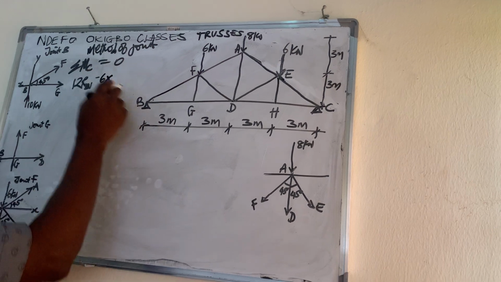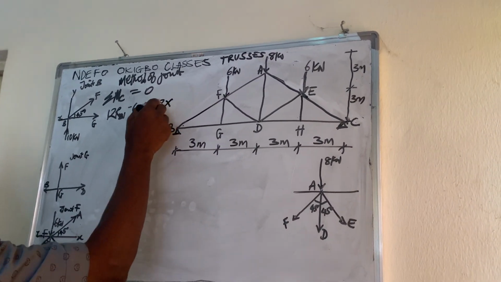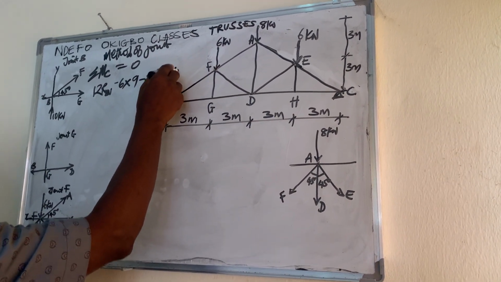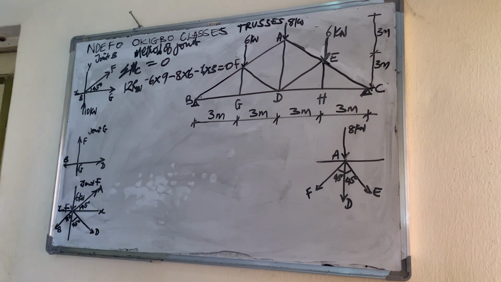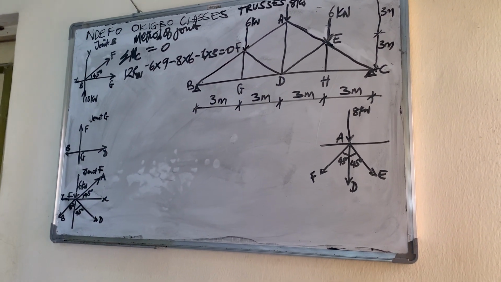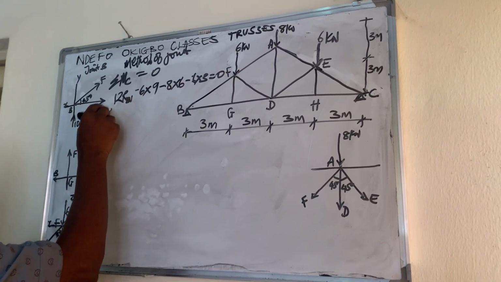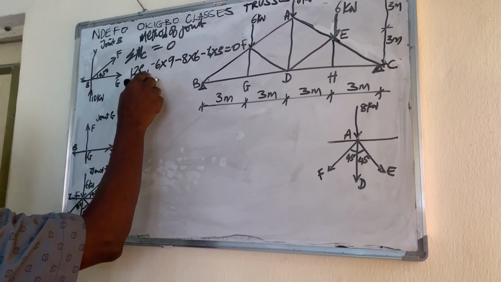Minus 6 times the distance, which is 9, minus 8 times the distance, which is 6, minus 6 times the distance, which is 3, equal to 0. So with that, I have RB vertical equal to 10 kilonewtons.